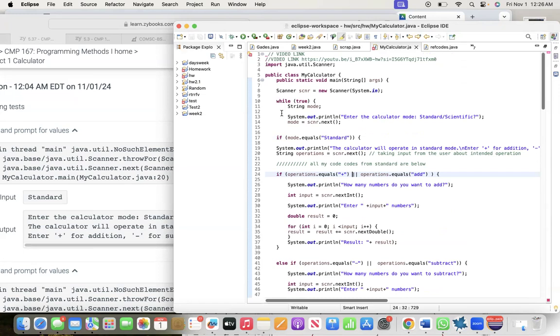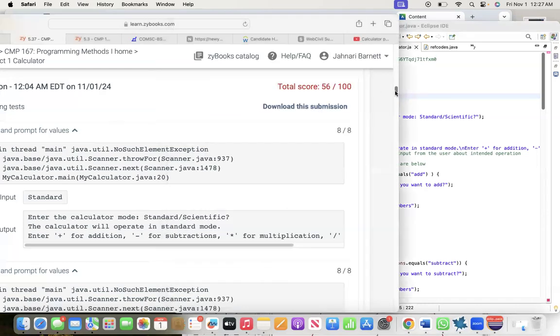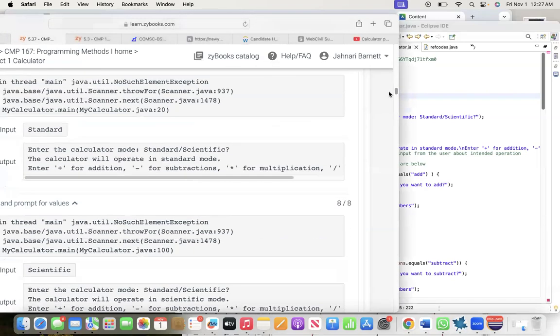But what I realized was that from my last submission last year, I had a few lines outside of the while, right under the scanner. That was what was stopping the proper looping, stopping and starting and asking the correct questions in the correct order, keeping me from full points on some of those questions because they were also standard. And for pretty much all of the standard basic math, I got full points.